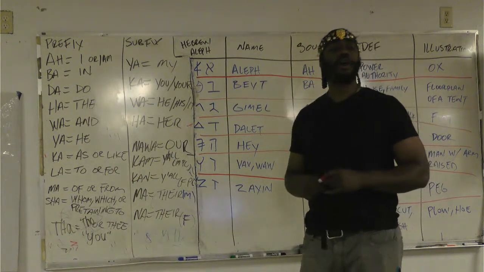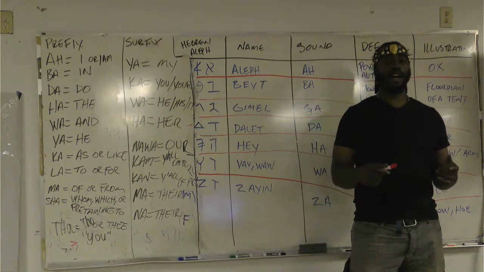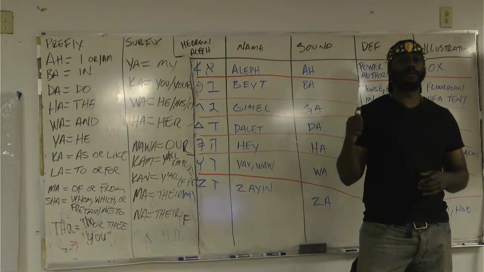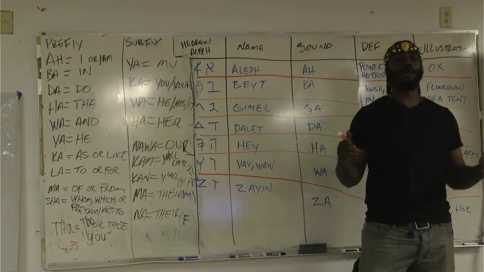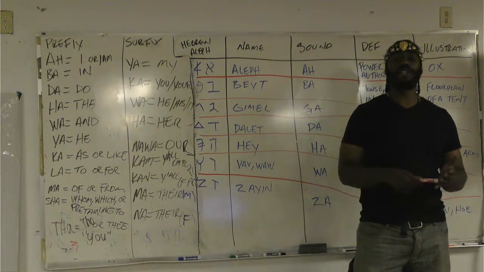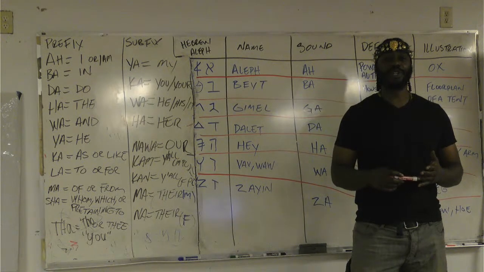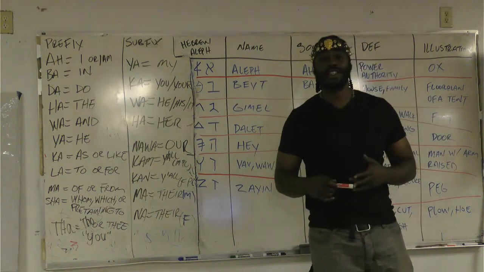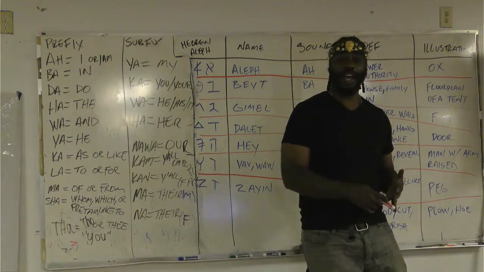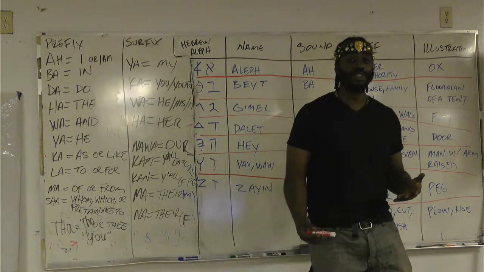People be like, well, why do y'all say Yahweh instead of God? Because that's the name that's in the Bible. If I say, God help me, what God you talking to? You talking to Shiva, you talking to Krishna, you talking to Allah, you talking to Oludumare, Yemaya, Obatala, you talking to Oshun.